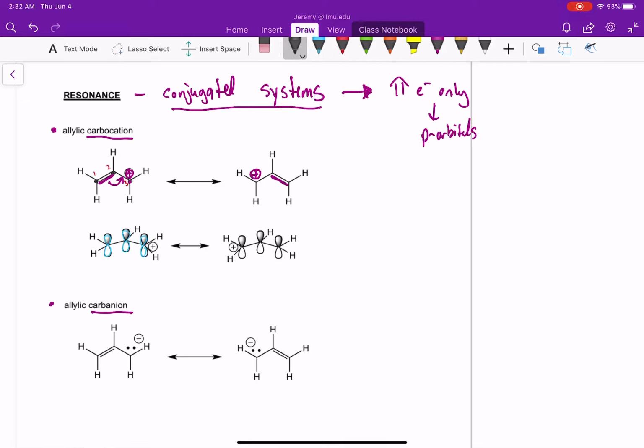In the structure on the left, I have 2 electrons shared in the pi bond on the left, and then the carbocation is an empty p orbital, right? And then we can move these electrons to be here, so our 2 electrons, our double bond is there, and then we have an empty p orbital here and a carbocation on the left, all right?